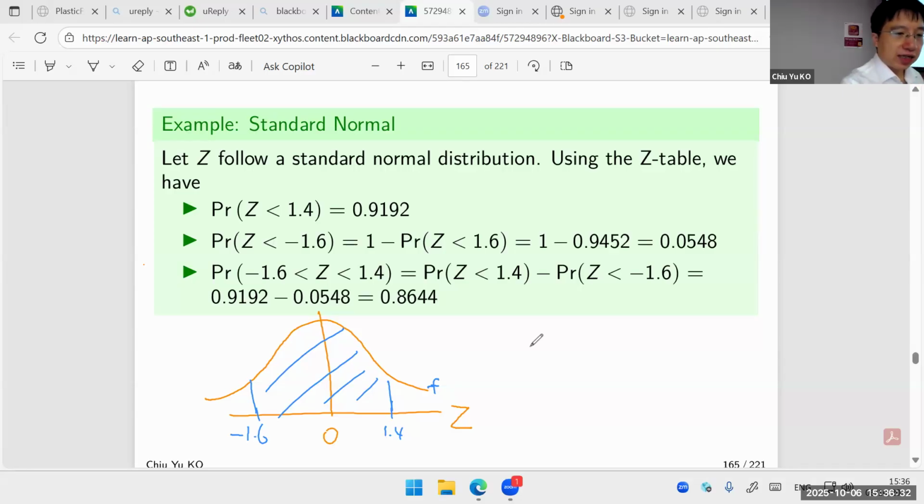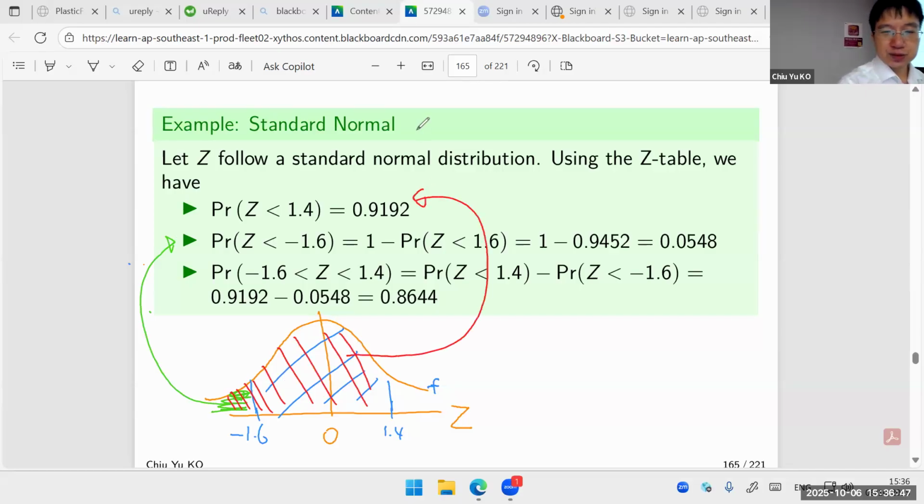Then we use the kindergarten method, okay? The green area is, we actually found it from the second bullet point. And the red area is, we found it in the first bullet point there. So the difference between red and green is blue, right?